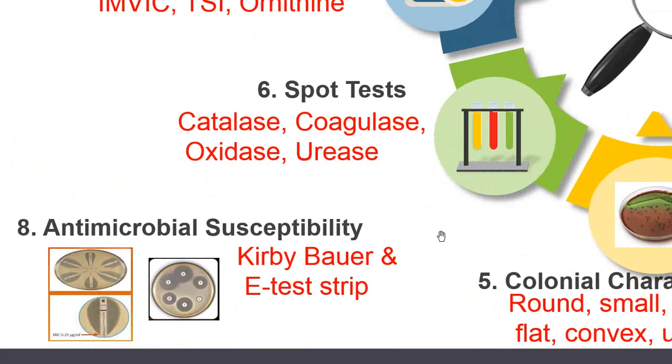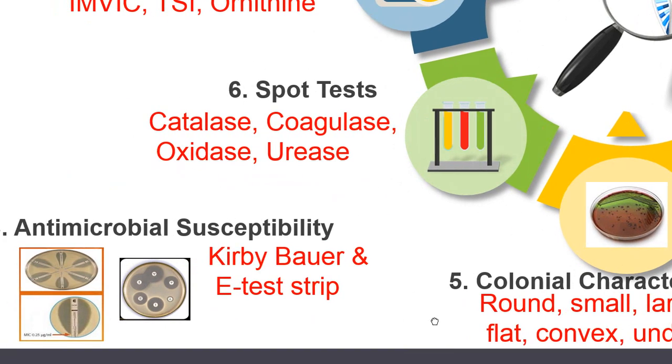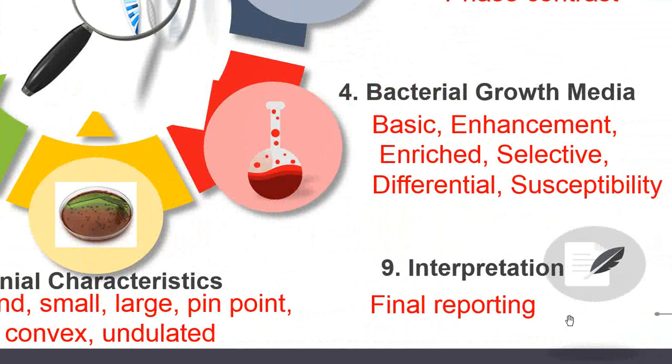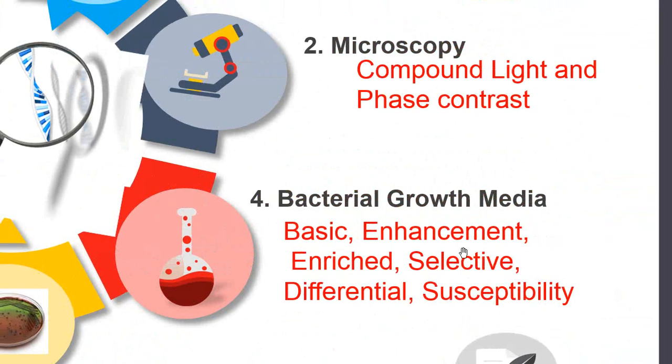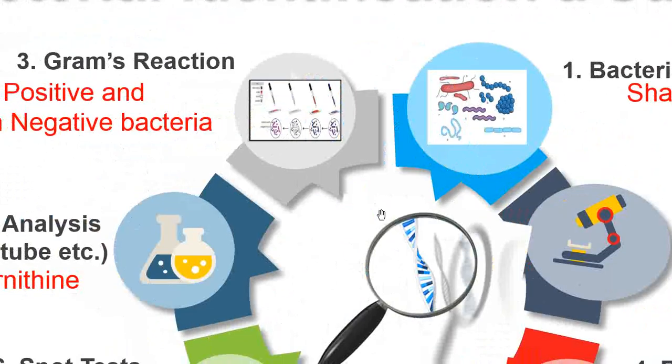All this leads us towards finding which bacteria is growing, and the antimicrobial susceptibility testing helps us find out which antibiotic is really effective against that particular type of bacteria that we have identified.